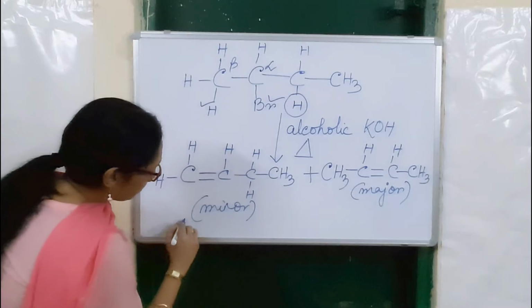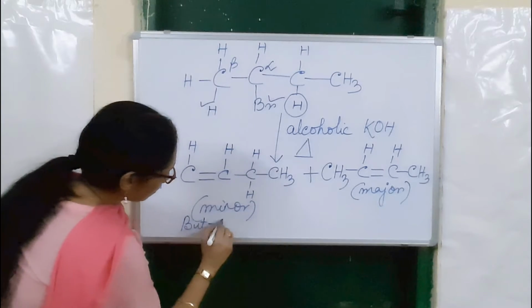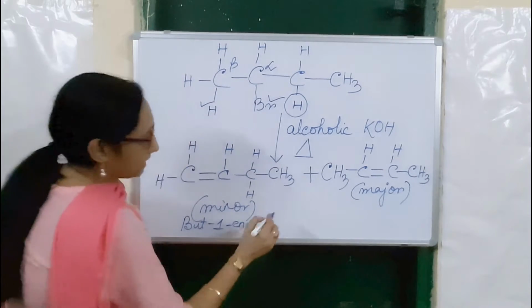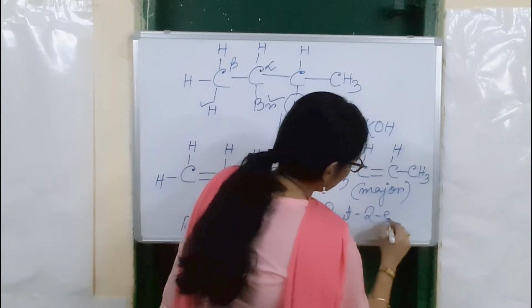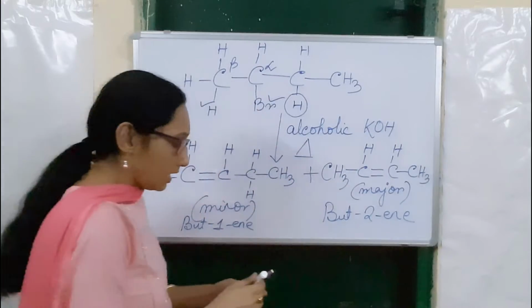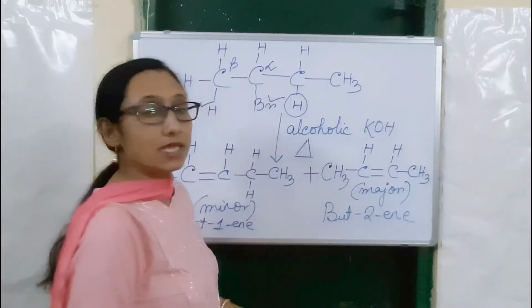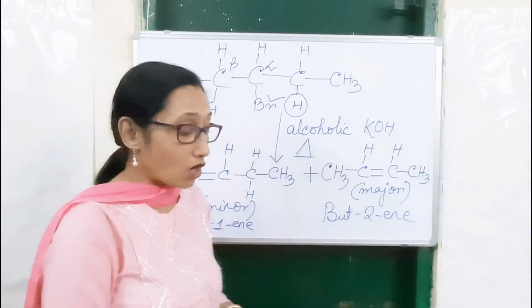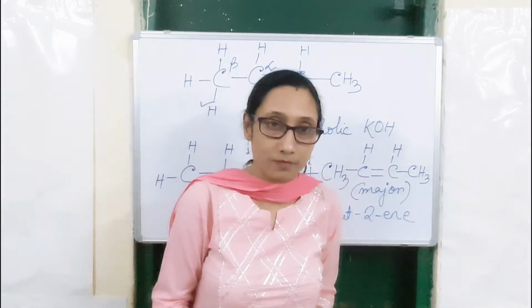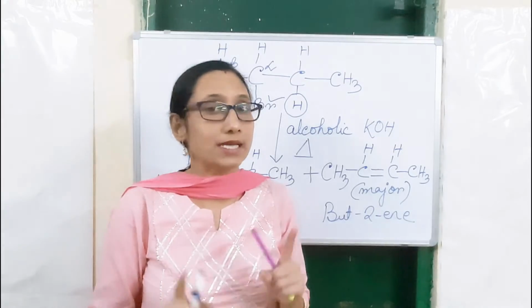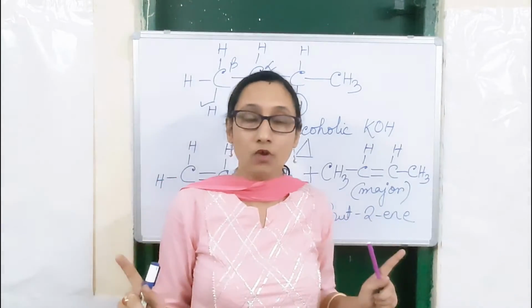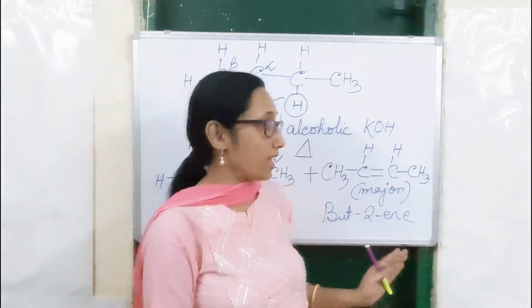This is but-1-ene and this one is but-2-ene. Now why is but-2-ene the major product? We have already learned the Saytzeff rule. What is the statement of the Saytzeff rule? The more substituted alkene will be the major product.